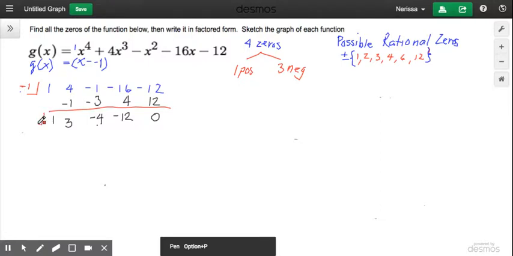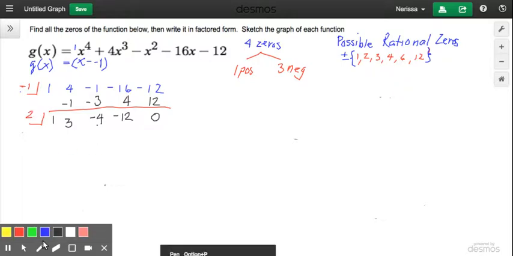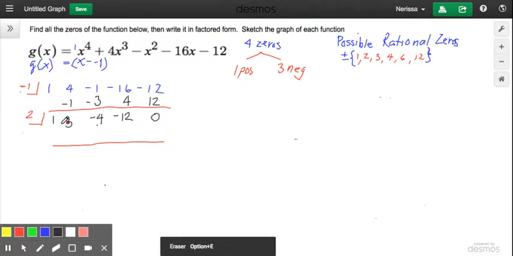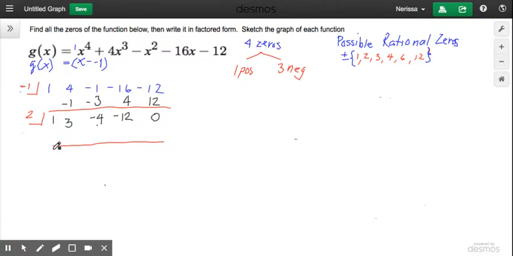So let's try now 2. So if I put 2 here, is it going to work? So let's find out. So we bring down the 1. 1 times 2 is 2. 3 plus 2 is 5. 5 times 2 is 10.